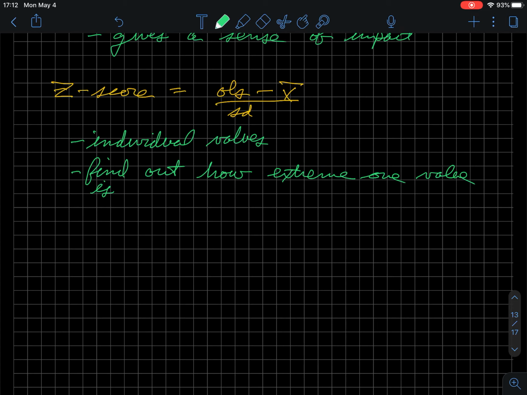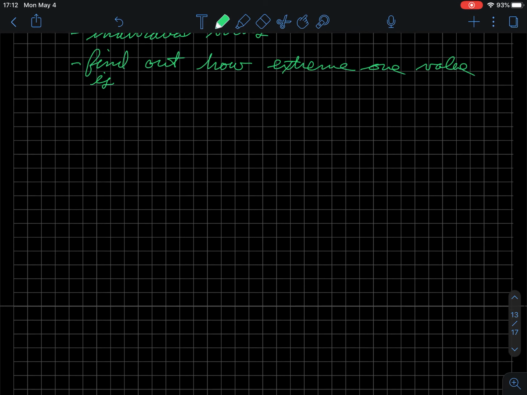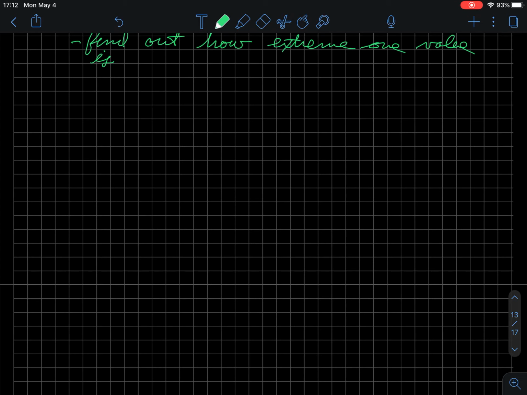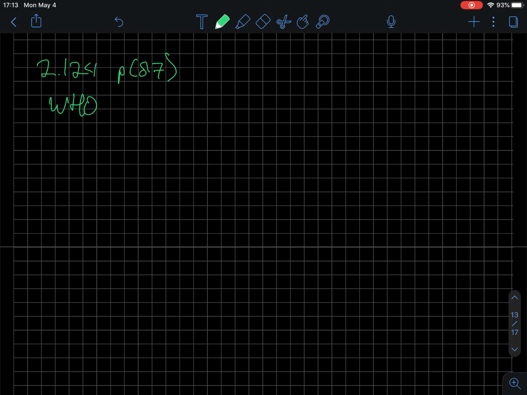Okay, so how do we go about this? Let's use a chapter problem. If you're using the 4th edition, this is 2.124, page 87. In this problem, the WHO is testing people for blood pressure. They tell us the mean x bar equals 121 and the SD equals 16.